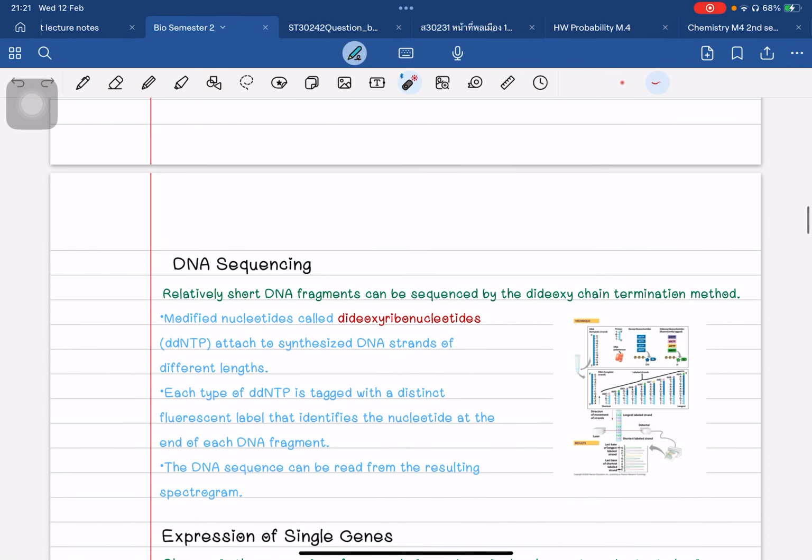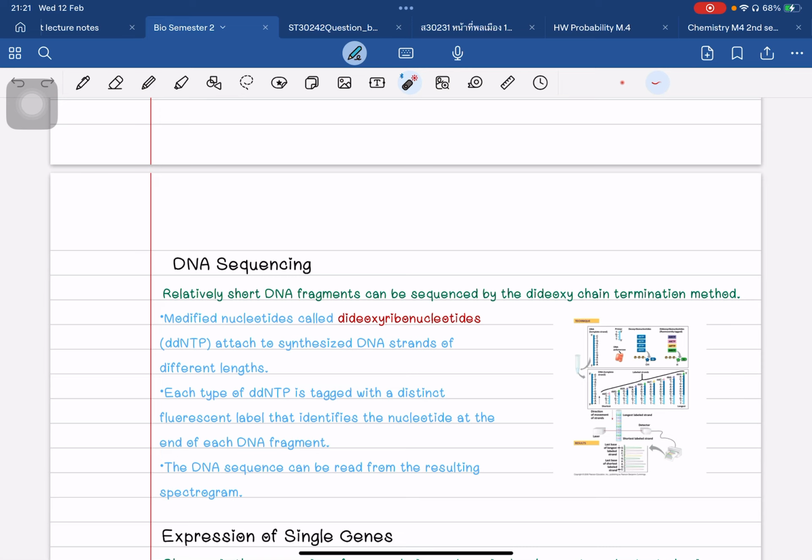Another method is DNA sequencing. Relatively short DNA fragments can be sequenced by the dideoxy chain termination method. So modified nucleotides called dideoxyribonucleotides, or ddNTPs for short, are attached to synthesized DNA strands of different lengths.